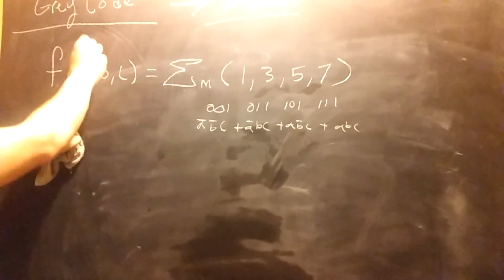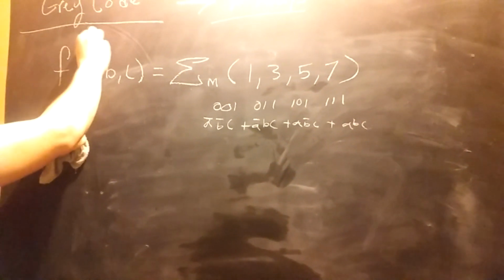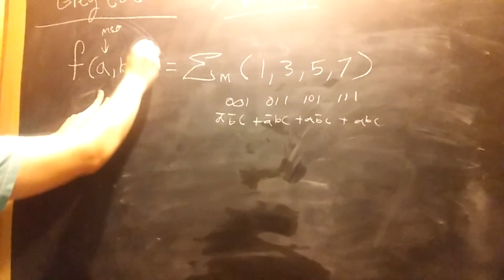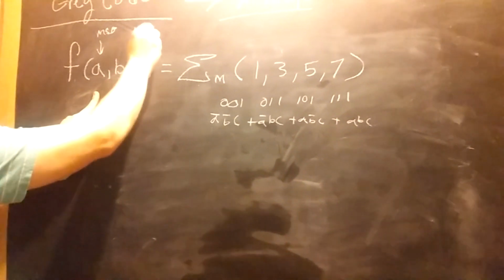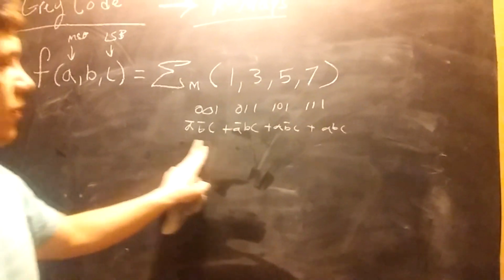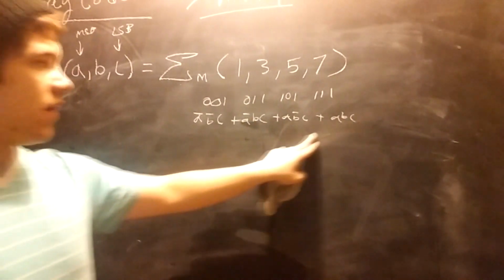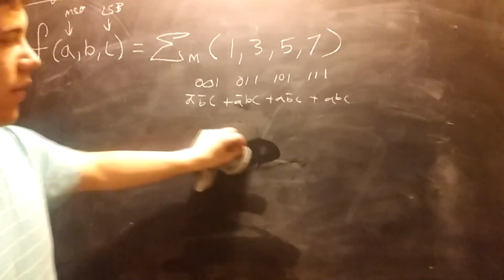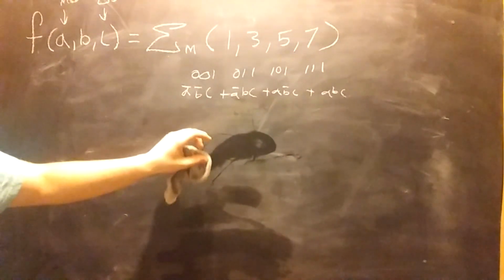A is always our most significant bit, or MSB, and this is our LSB, which is our least significant bit. So to see how we can simplify this equation, because this is something that is actually quite familiar to us, but we'll see in a second.